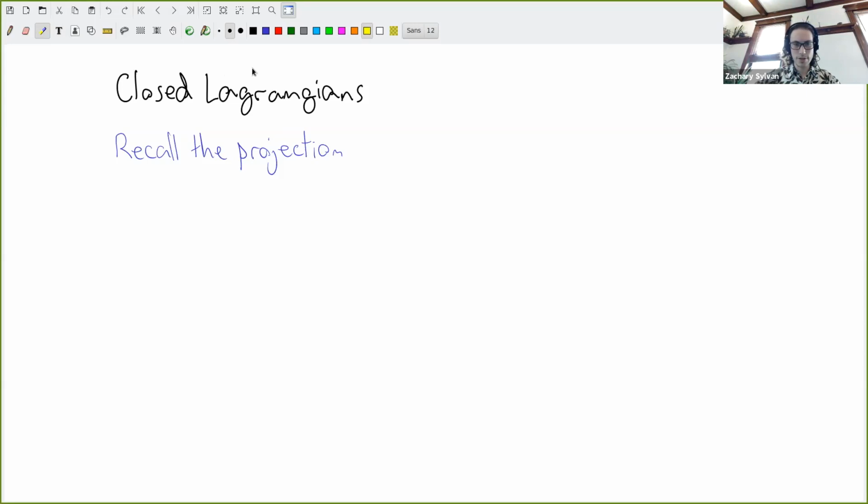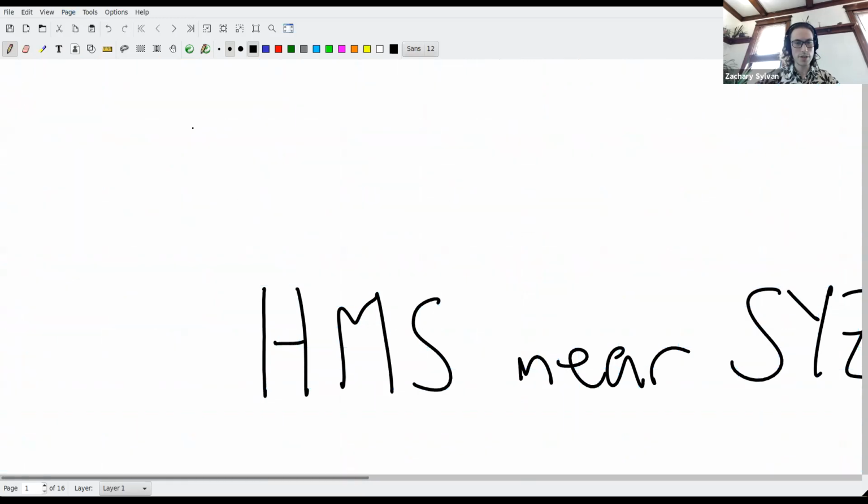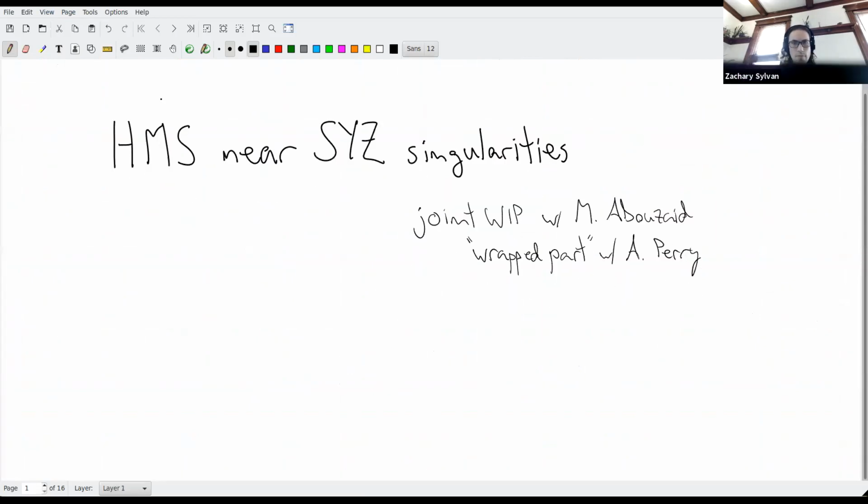So let me switch to this different version. Page. Sorry, this will take, I should have planned this better. Paper style plain, great. Okay.